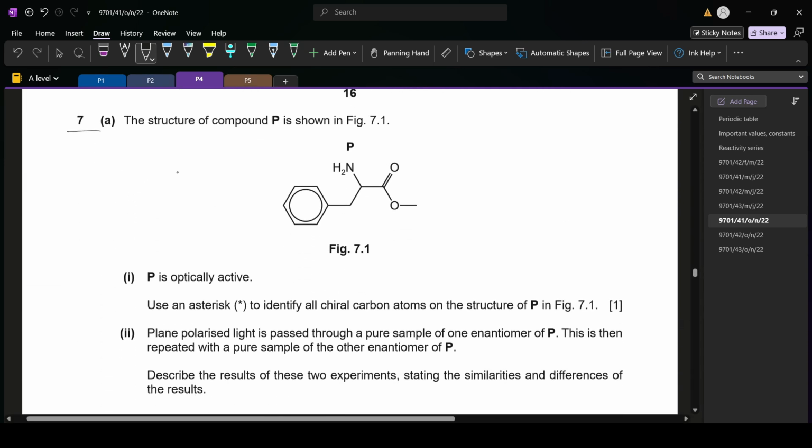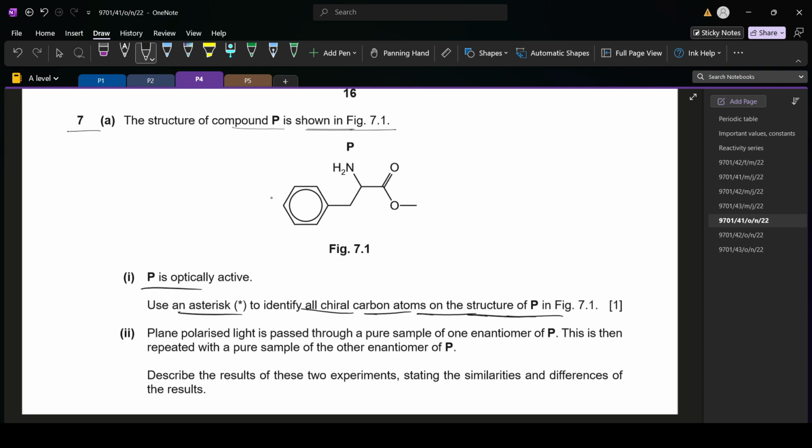Now question number 7. The structure of compound P is shown in figure 7.1. P is optically active. Use an asterisk to identify all the chiral carbon atoms on the structure of P. So chiral carbons are where there are no double bonds, and carbon is attached to 4 different groups.